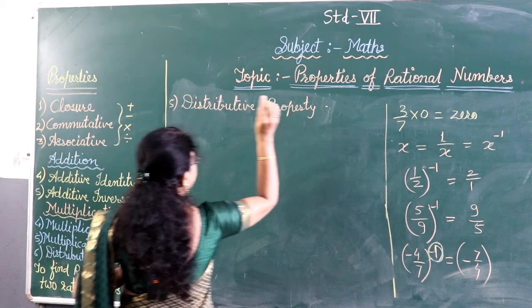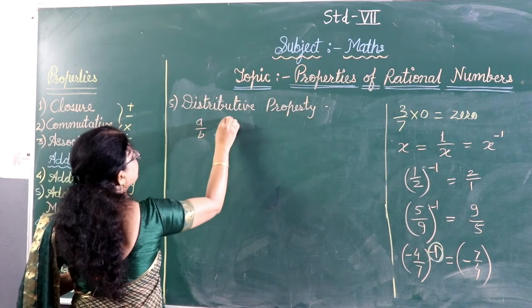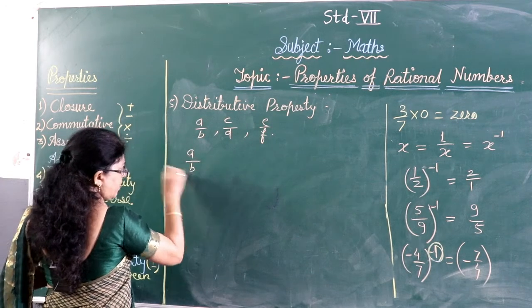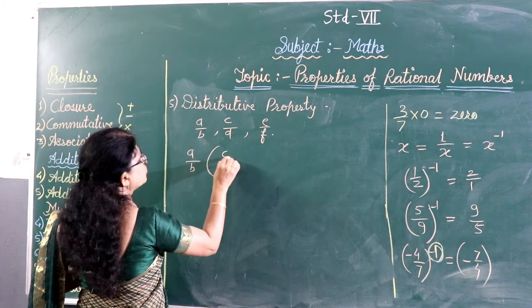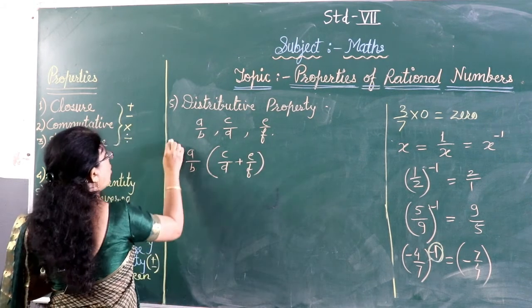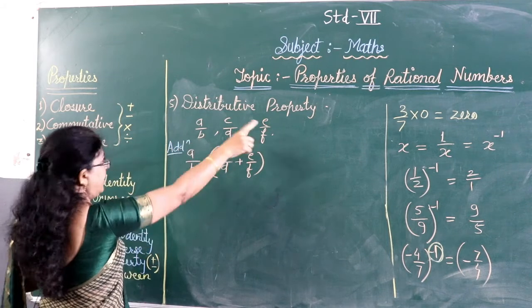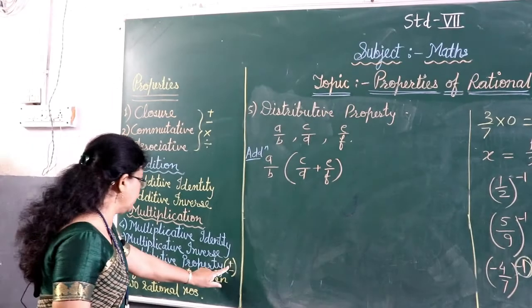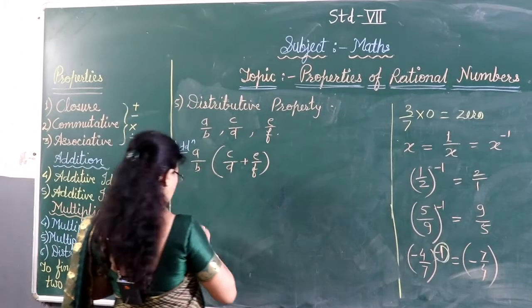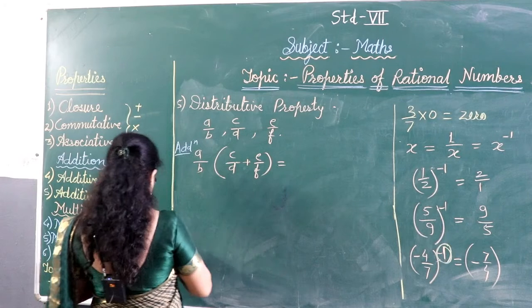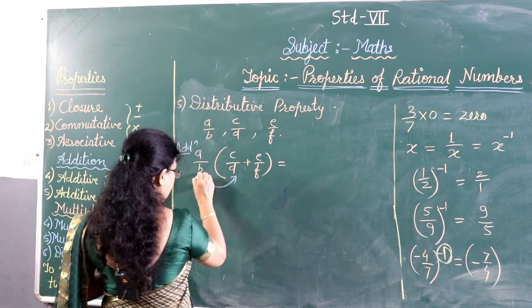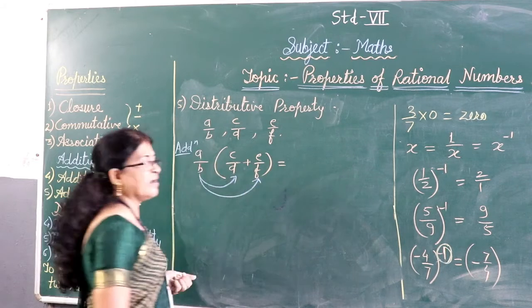Again we will consider three rational numbers A by B, C by D and E by F. Now suppose I am multiplying A by B to C by D plus E by F, right? First we will learn it over addition. Here I have shown the distributive property over addition, so here will come the addition sign. For the answer, we first multiply A by B to C by D, then we put a plus sign and again its multiplication with the second rational number.